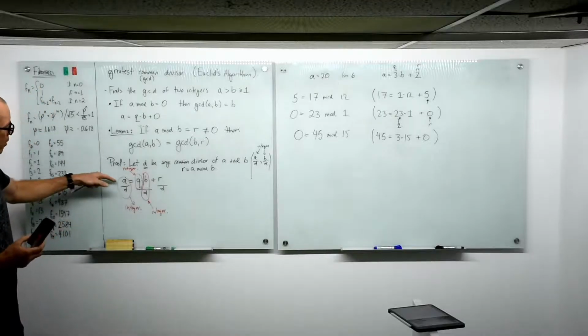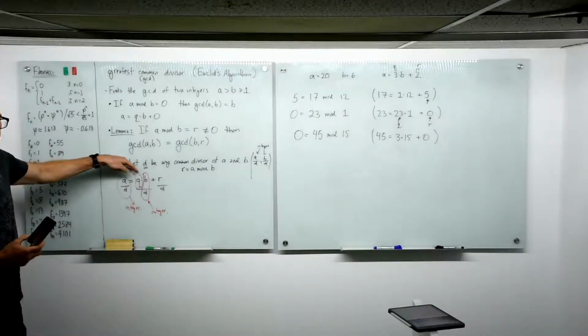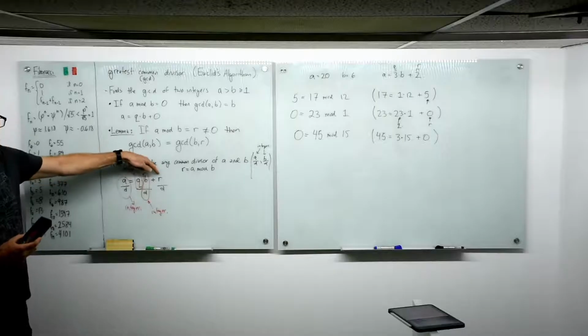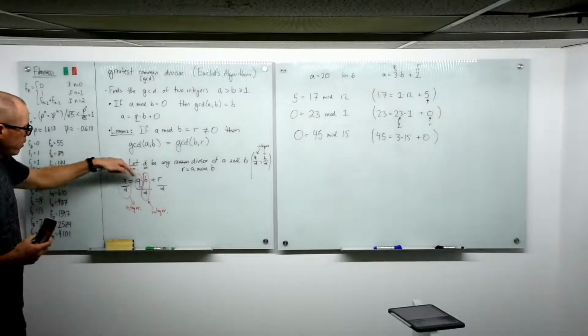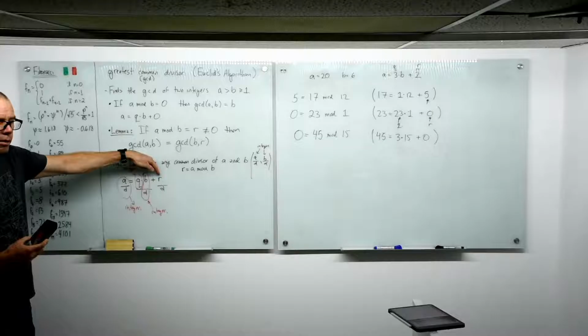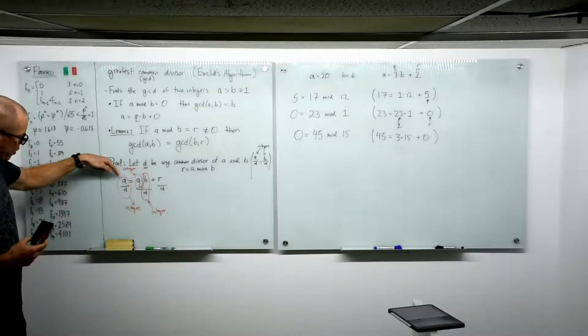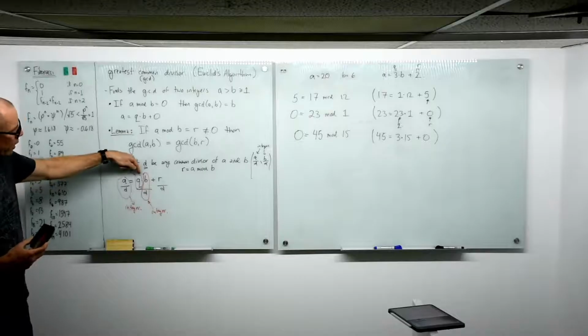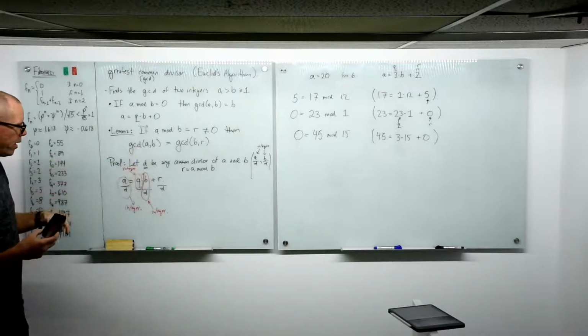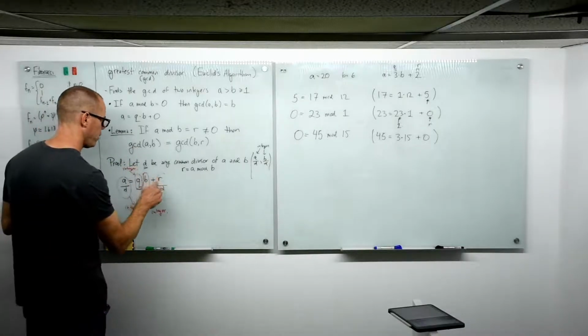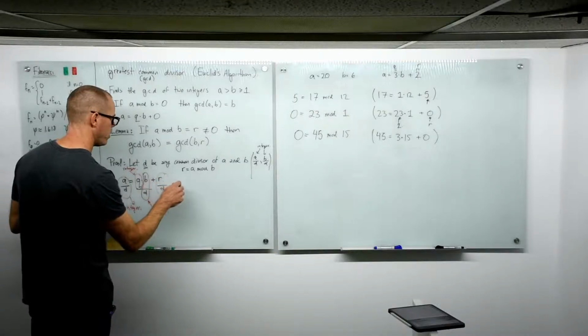So on the left-hand side, we have an integer equal to an integer plus something. Now, that something is R over D, and the only way that you get an integer equal to an integer plus something is if this thing is also an integer.